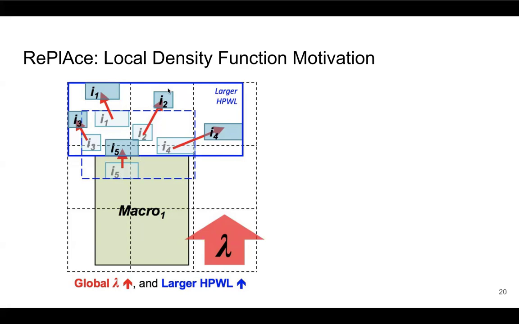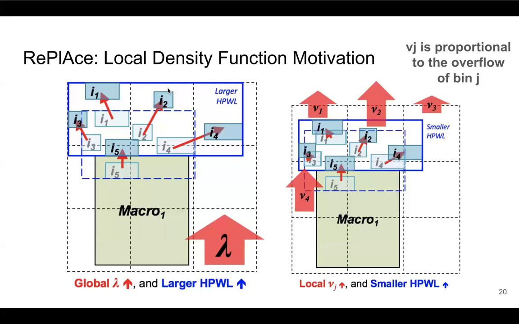What they say is, what if each bin provides an independent force to each of the atoms? This one's very overfilled, so it's going to feel a very strong force, and this one is really not overfilled, so it's going to feel a very weak force. They argue that by having small mu's, which is the symbol right here, for each bin, which is going to push things away, you can have a smaller HPWL. And that's the key idea here.